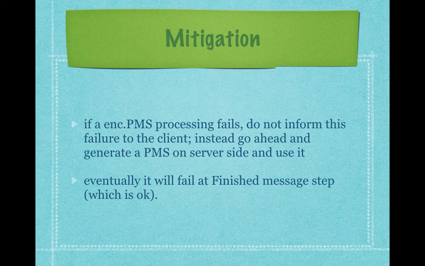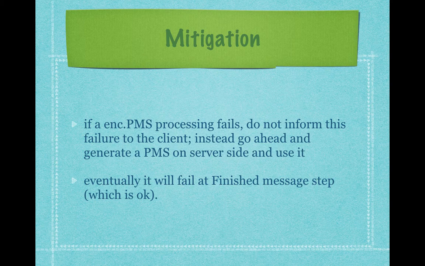When we come back to SSL/TLS, the RFC for TLS version 1.2 clearly has a section on how to prevent the Bleichenbacher attack. This RFC section says, if you encounter any processing failure during the encrypted PMS processing, do not inform this failure to the client.